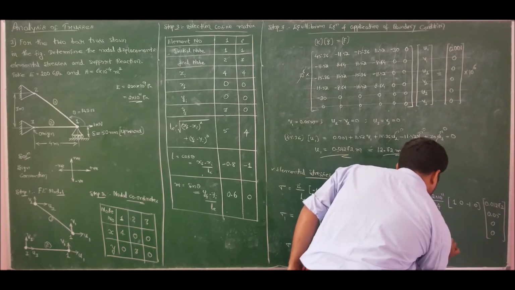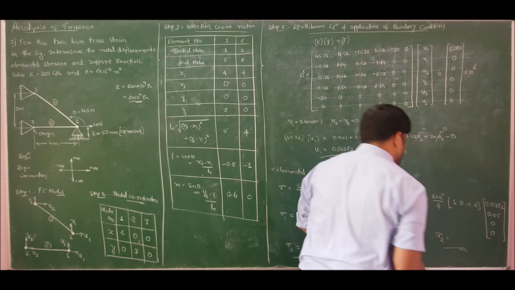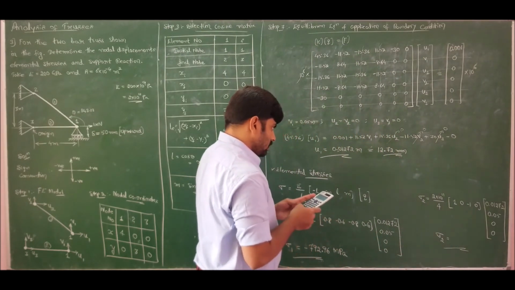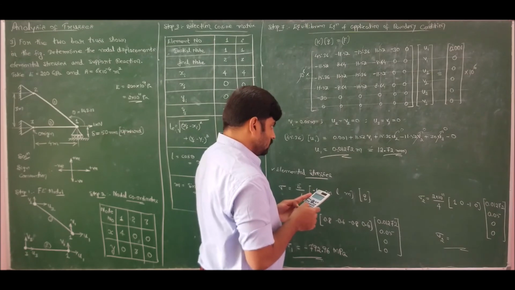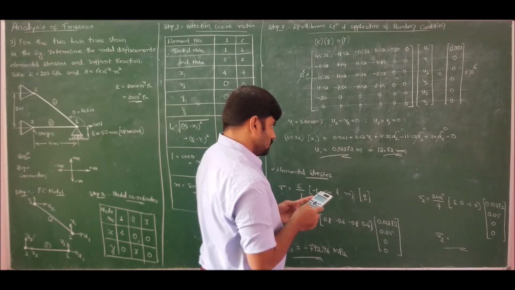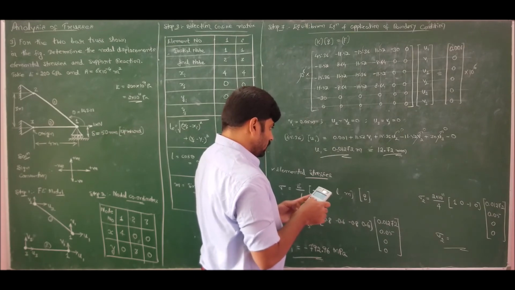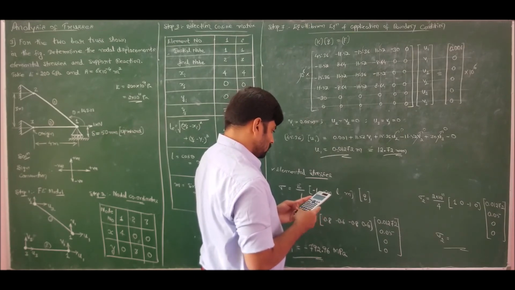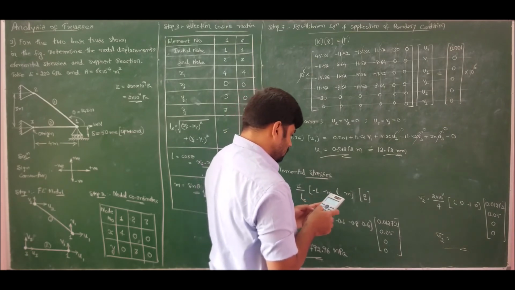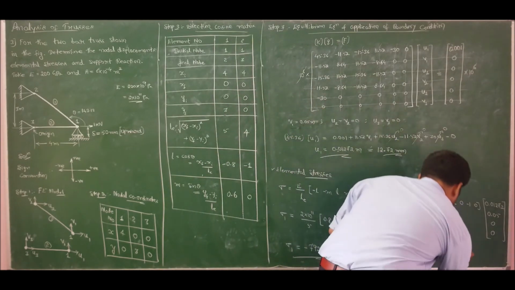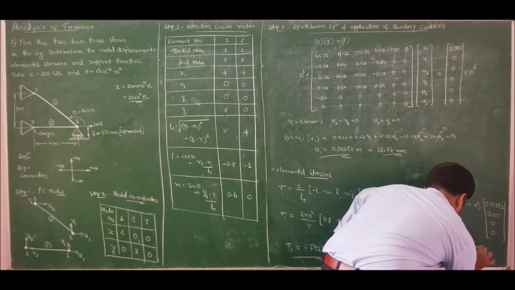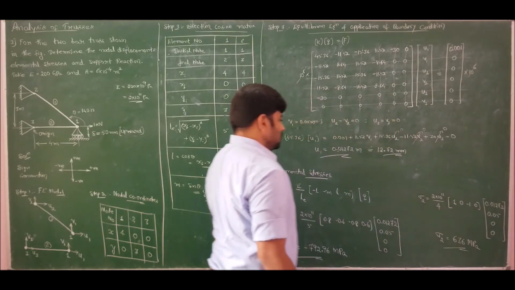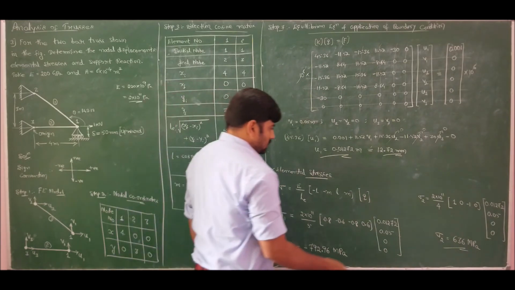So sigma 2 for this problem is 0.01272 multiplied by 2 into 10 to the power of 11 divided by 4, which is nothing but 636 megapascals. So the answer is 636 megapascals.